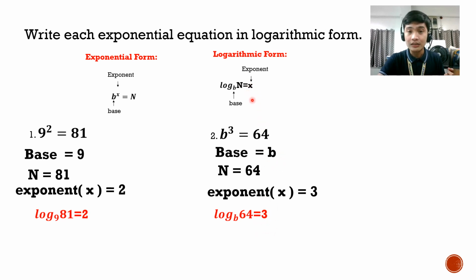Kasi ang x natin dito or exponent natin ay 3. Therefore, the corresponding logarithmic form of b raised to 3 is equal to 64 is logarithm of 64, base of b is equal to 3. Always remember that in logarithmic form, your n here ay dapat po laging positive number. So that is our first set of examples.